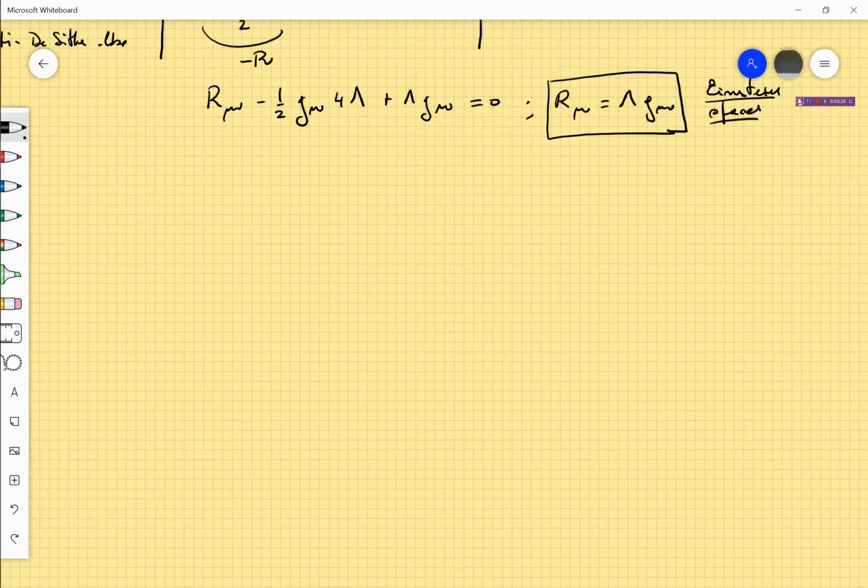So we are searching for static spherically symmetric solutions of these equations. We are going to adopt the form of the metric that we also used when we derived the Schwarzschild solution, and this is it.